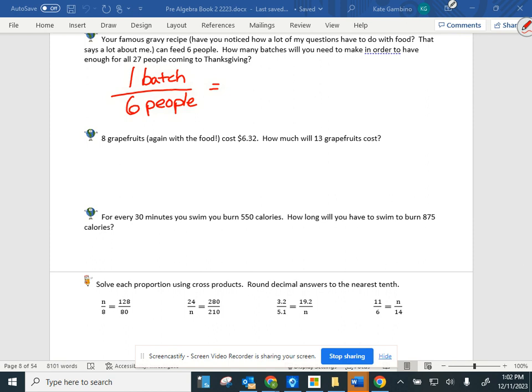This is why I said we have to put our measurements on it so we know where things go. 27, is that a batch or is that people? People. So we want to put the 27 people right across from the 6 people. That's why I say you need to use your labels so we make sure to set it up right. Our question mark is how many batches, so that would be our N, that variable.